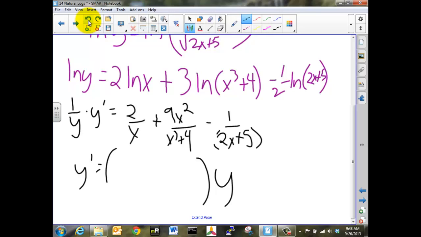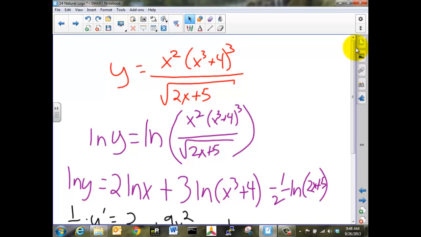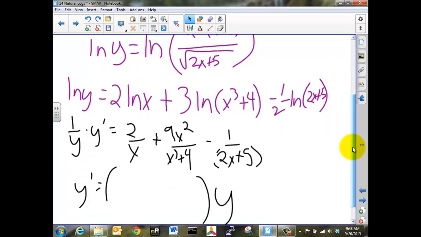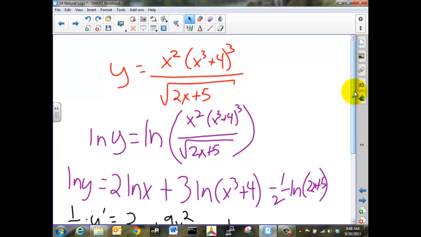Nope. I don't want y in my answer. So how do I do what I do? Derive again. I don't want f of x in there; if I do that, then I put y back over here. I want nothing but x's in there.